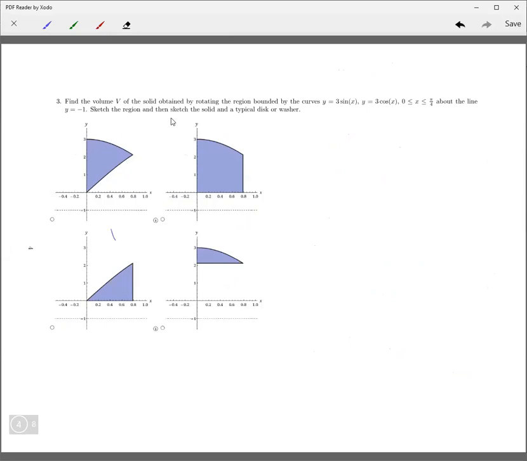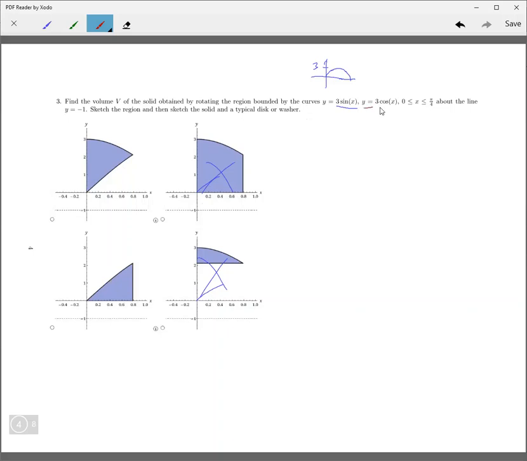Here we have the region we want to sketch. y equals 3 sine x is going to look something like this, except it's going to go up to 3. So I look for something that starts from 0 and goes up, like this right here, or like that. This one doesn't have anything that does that, and neither does that. So those two are out.